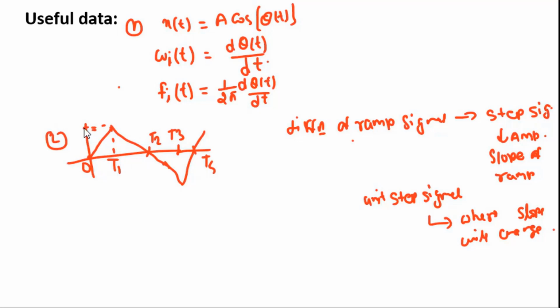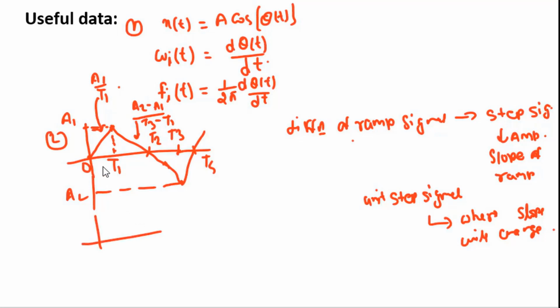So in this, if you mark this amplitude as A1 and this amplitude as A2, then the slope of this ramp from 0 to T1 is A1 by T1, positive, because it is a positive growing ramp. Similarly, for the duration from T1 to T3, you can write the slope as A2 minus A1 divided by T3 minus T1. So the slope is changing at T1.